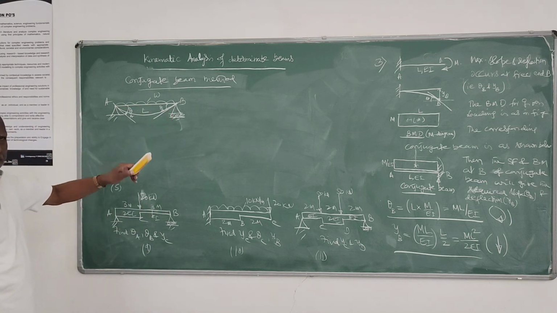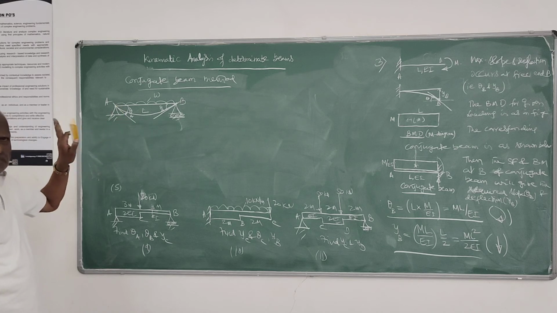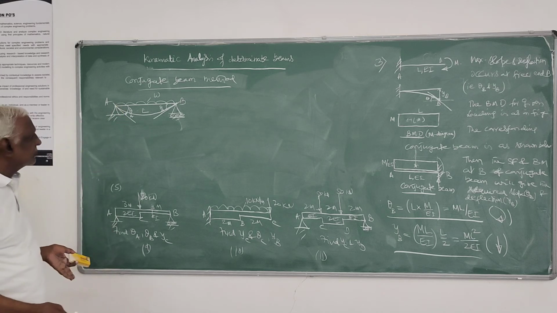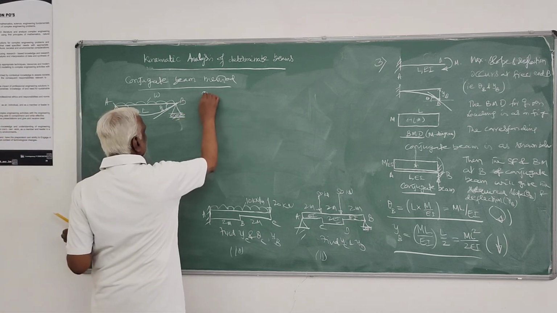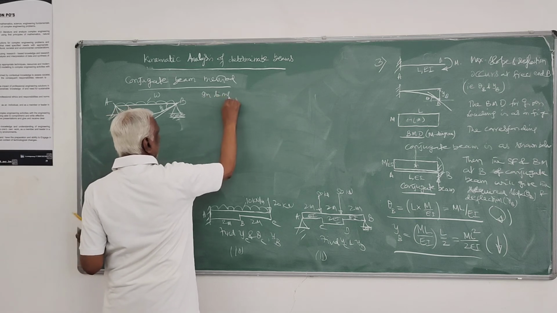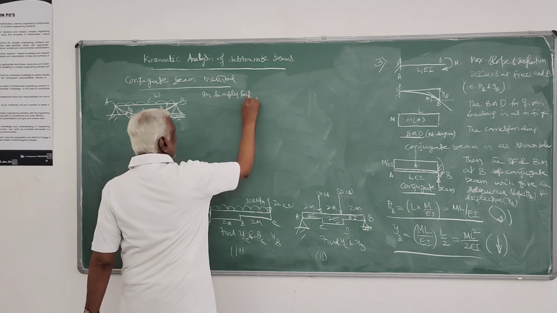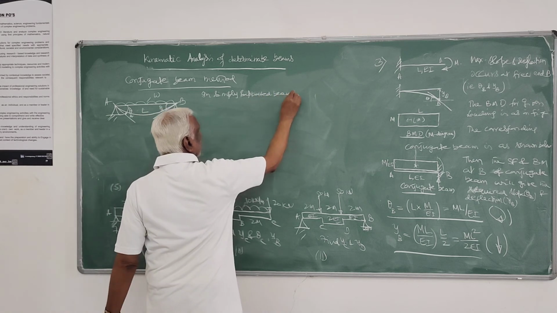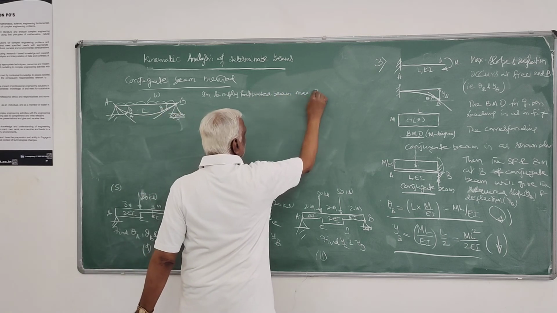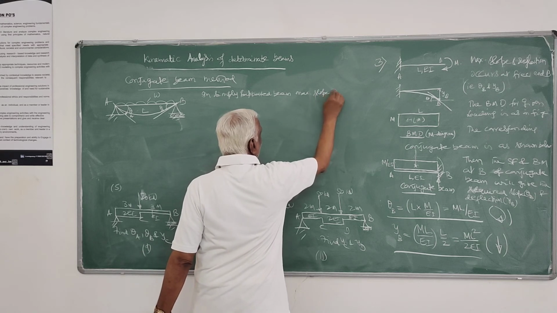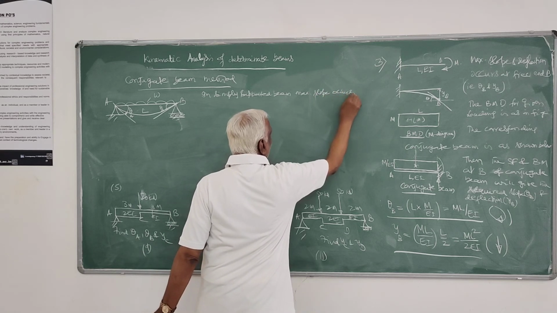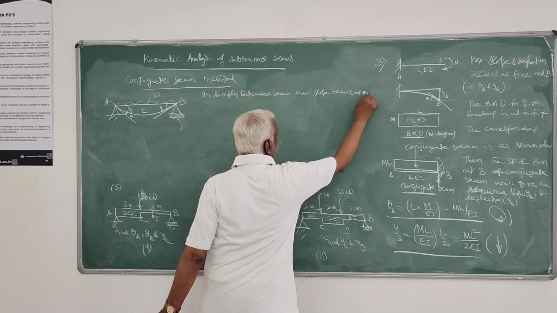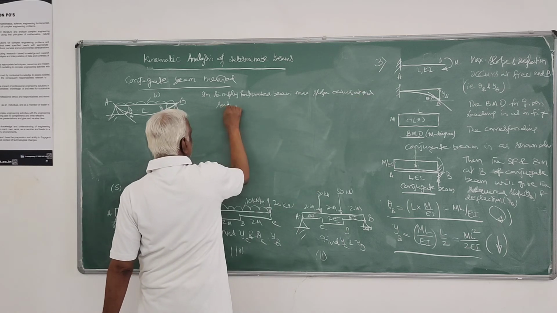In simply supported beam, maximum slope occurs only at the support. So we can say in simply supported beam, maximum slope occurs at ends, end supports.